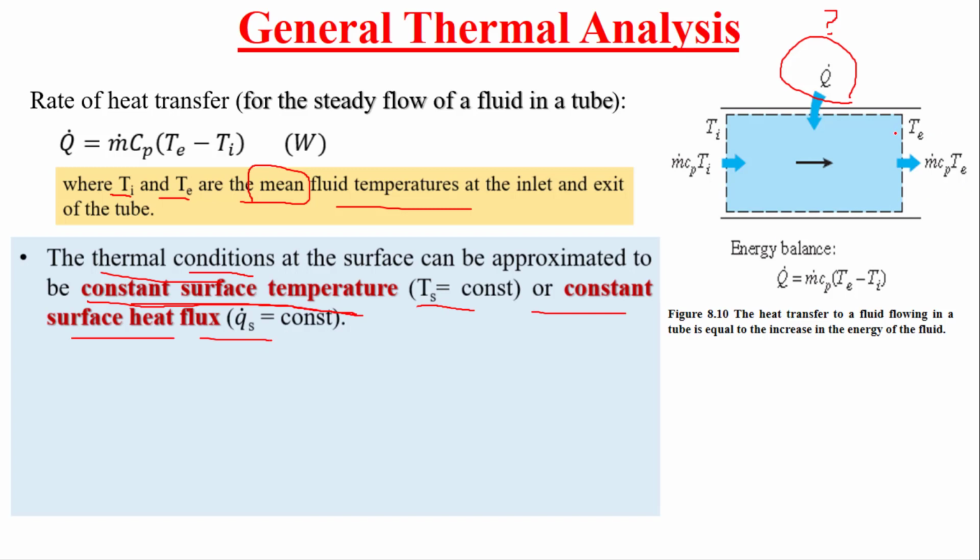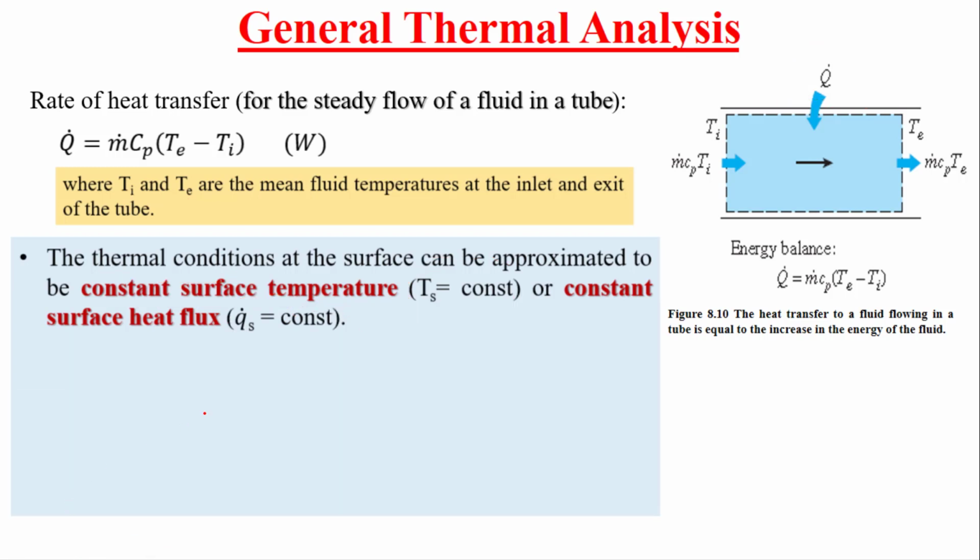So either we say that the surface of the tube is at constant temperature, Ts equal to constant, or Q dot s is equal to constant surface heat flux. Either this scenario or that scenario.